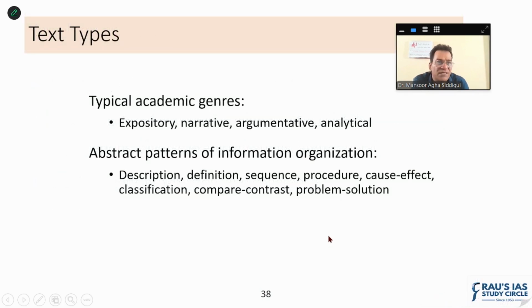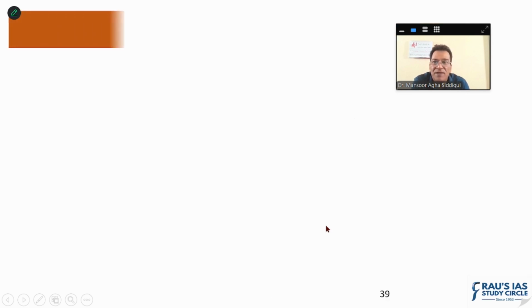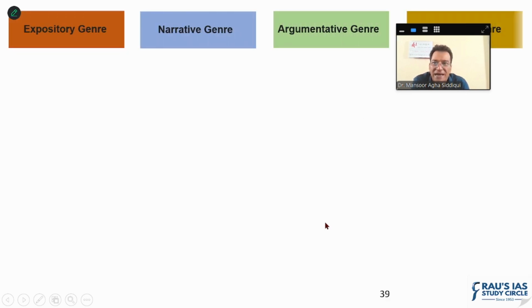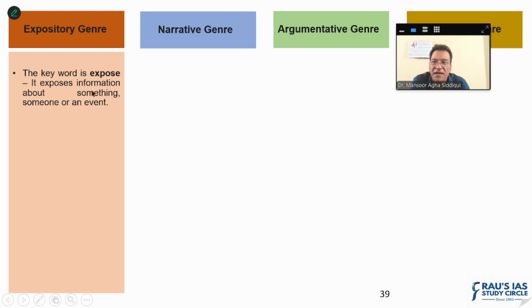So let's clear the different types of academic genres. The first type of academic genre is expository genre. And here, as the keyword is the word expose, from where the word expository comes, this kind of writing exposes information about something or someone or an event.